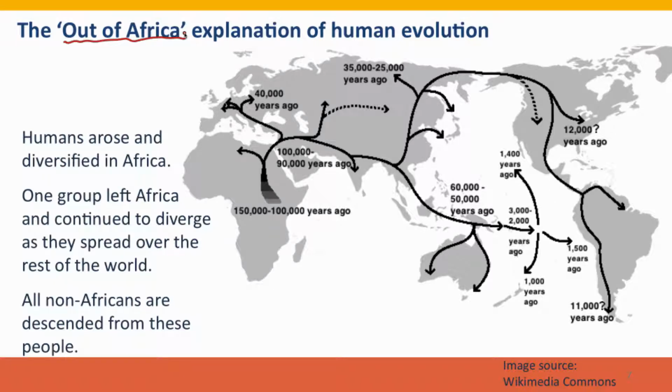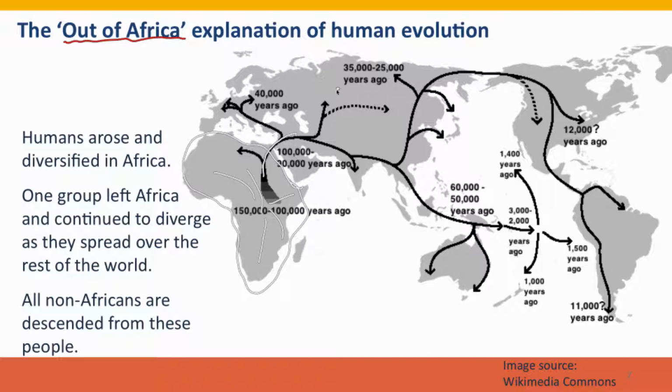And that model proposed, and we are quite confident that this is indeed true, that humans originated in Africa, and that maybe 150,000 years ago, humans spread through Africa, and maybe 100,000 years ago, a particular group of these people moved out of Africa into southwestern Asia, what we call the Near East.